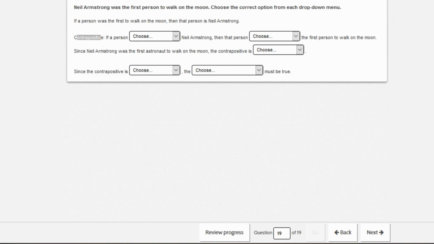So that means I'm going to switch the order of Q and P, and I'm also going to negate them. So I'm going to identify P first, and then Q is everything after the word then. And here, to get the contrapositive, I have to say not Q implies not P. So it says, if a person, well, actually probably easier to just do the drop downs.